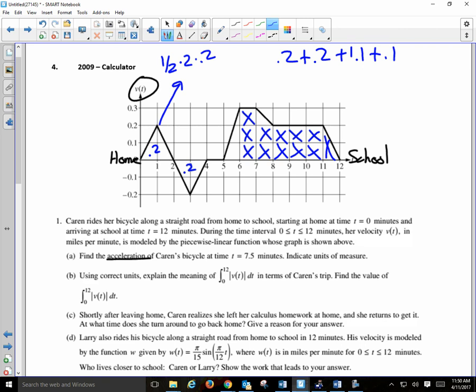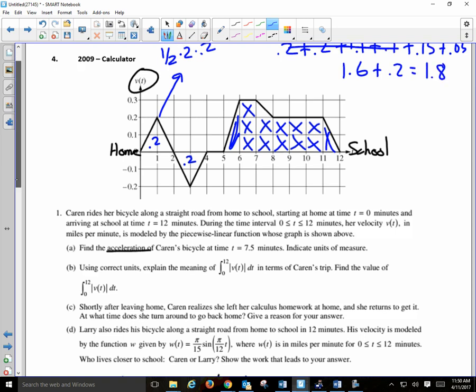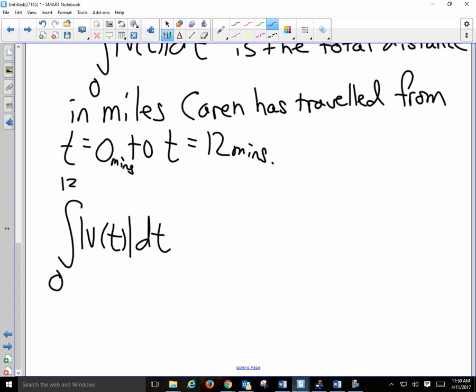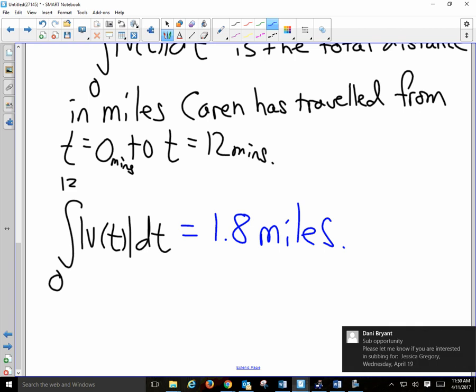Base times height would be 0.3, and then divide by 2 would be 0.15. And then this is half of 1, right? Which is 0.05. So I get 0.2, 0.2 is 0.4, so 1.6 if we add all those up, and then plus 0.2, which is 1.8. So 1.8 what? So that's B.